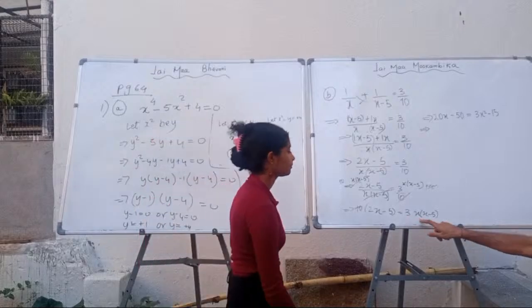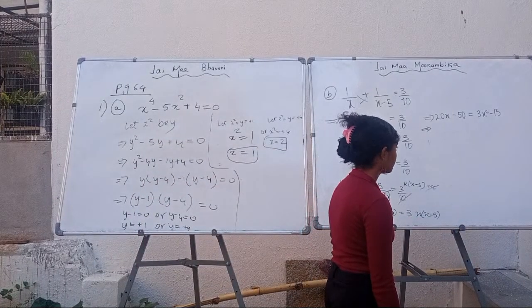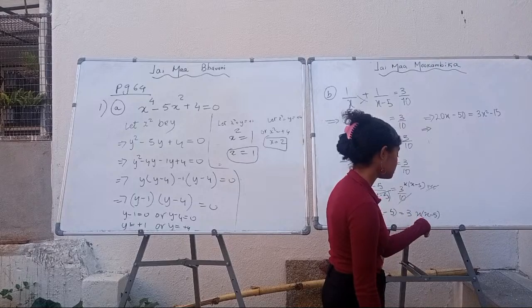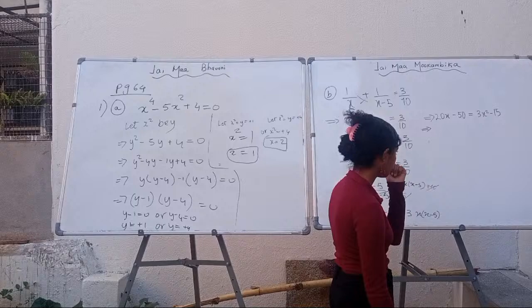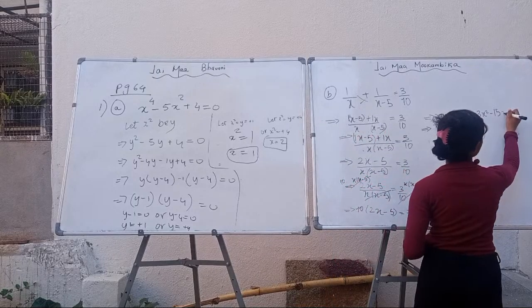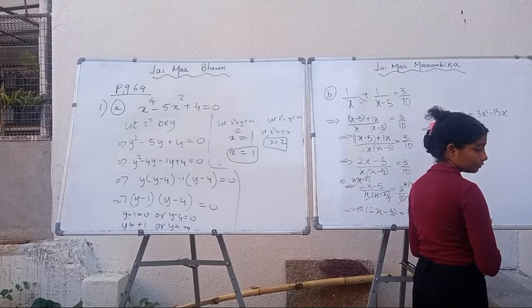Are you sure when you multiply this, this is what you'll get? No. When I ask you, you think again. So right now 3x, right? Yes. So 3x into x is 3x square, correct? Second part. Yeah, that's the one.